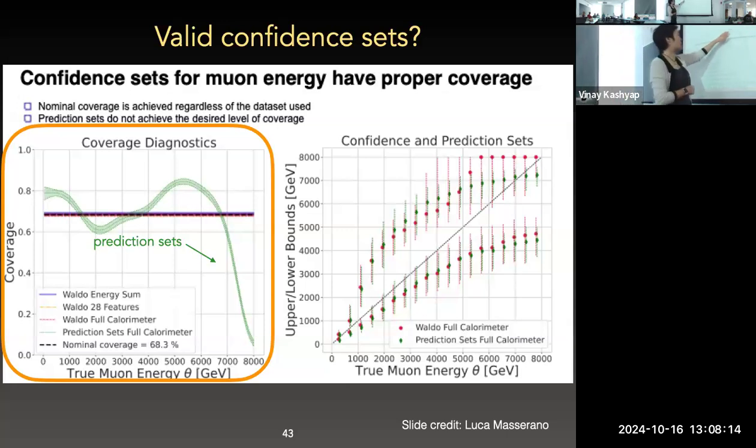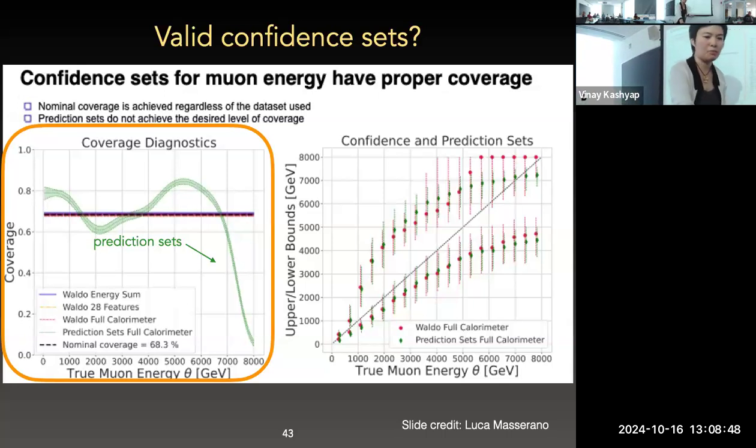And for the prediction sets, the coverage is very wrong at high energies, which is actually where we're interested in using these calorimeters. And these are our Neyman confidence sets, which we form from the posterior. Regardless of what the input is, we get, not surprisingly, the right coverage for all energies. And the second question is validity: yes, we get it, and it's local for every single value in your parameter space. We can check it with tomographic binning, because it's just one dimension here.